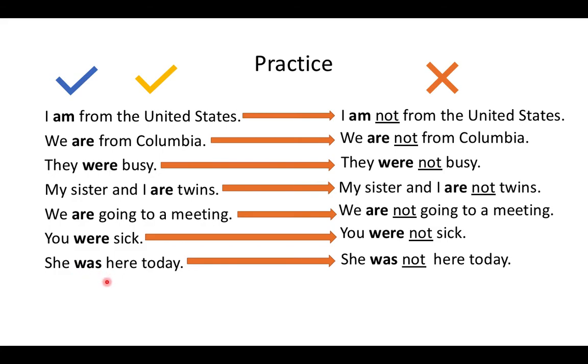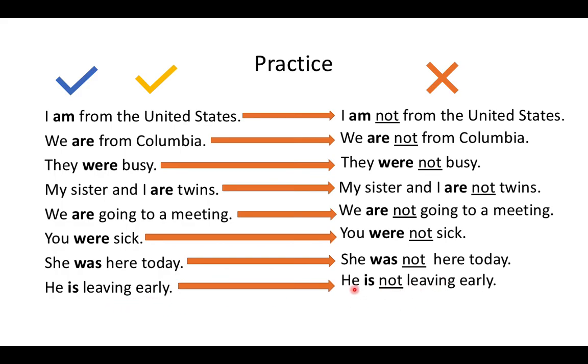This is past tense, and it still stays past tense when we change it. You don't need to change present or past when you're just adding not. You can add it to present tense, or you can add it to past tense, before, or in the moment. He is leaving early. He is present, so he is leaving early turns into, he is not leaving early.